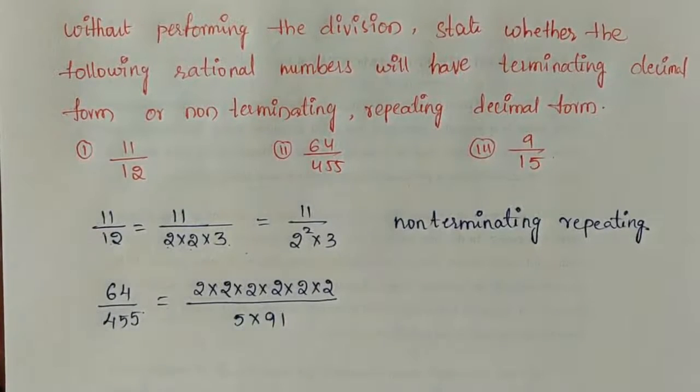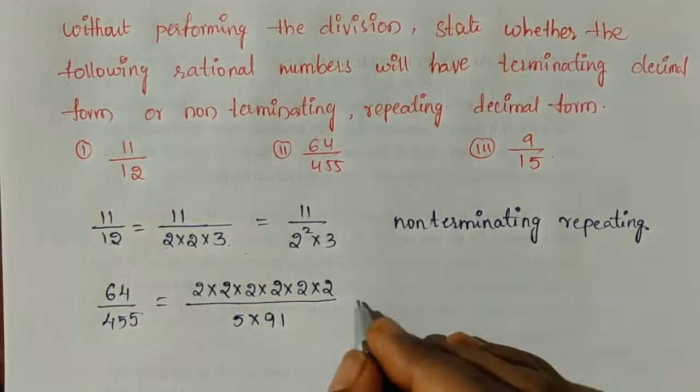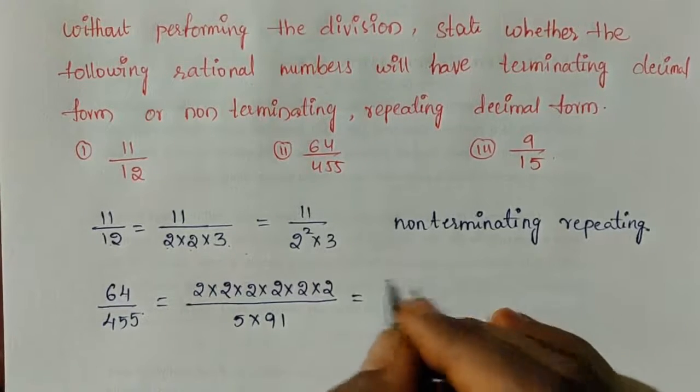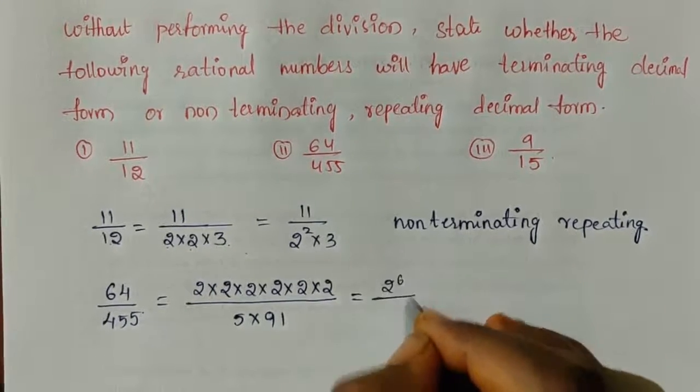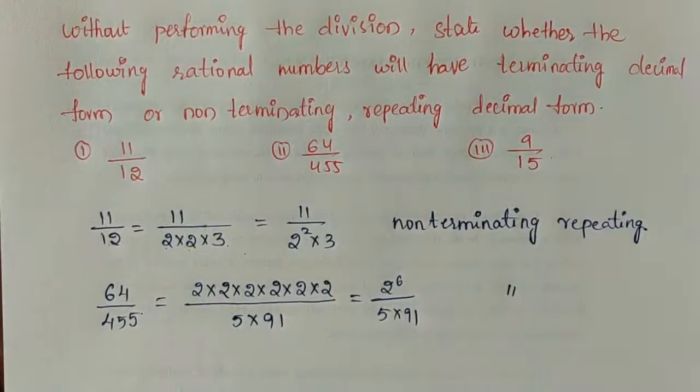Okay. Here in this also we have 5 power m form, but we don't have the 2 power n form. So it is also non-terminating repeating form, that is 2 power 6 upon 5 into 91, which is also non-terminating and repeating decimal.